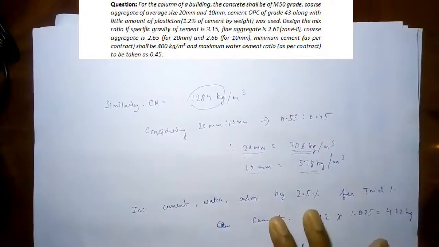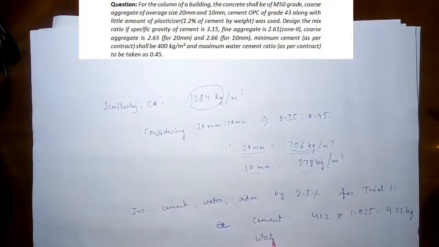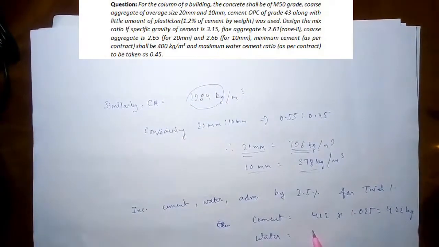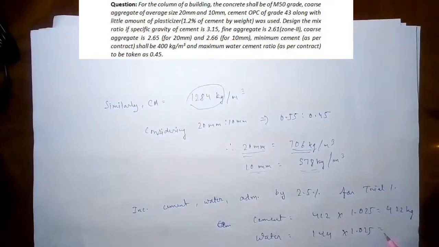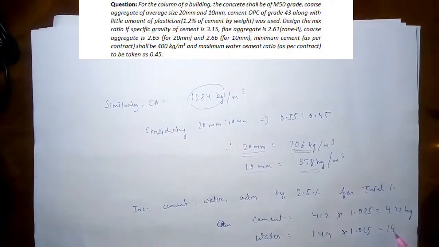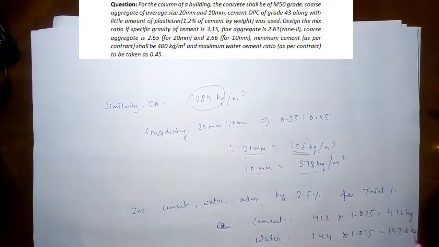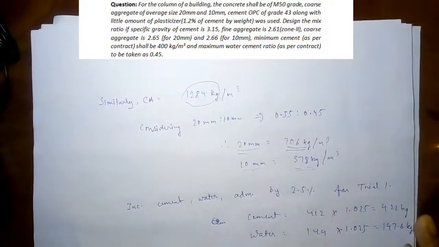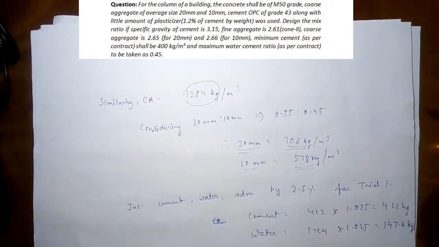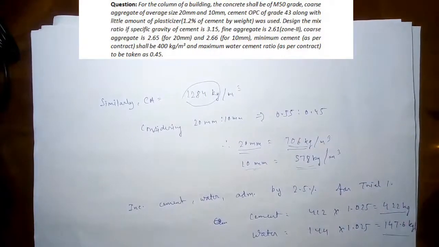Similarly water will be 144 multiplied by 1.025 and it will give 147.6 kgs. So fine aggregate we know 621 kgs and coarse aggregate we know 706 and 578 kgs. Cement is 422 kg and water is 147.6 kgs.